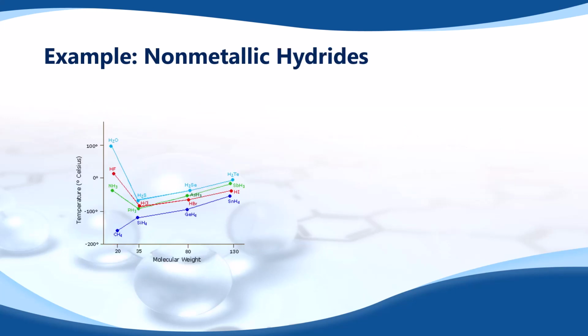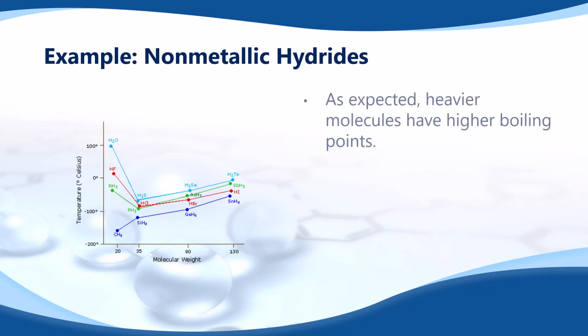Now what I have here is the boiling point example. These are different nonmetallic hydrides of groups 14 through 17. And what we notice, again, is dispersion: heavier molecules, higher boiling points. So H2Se is probably the heaviest of these molecules.